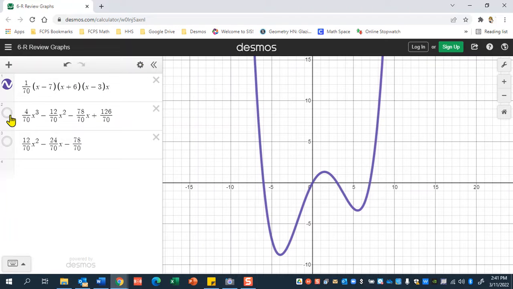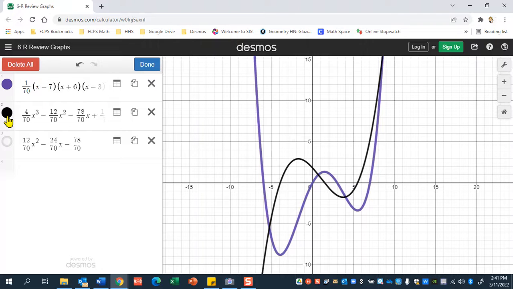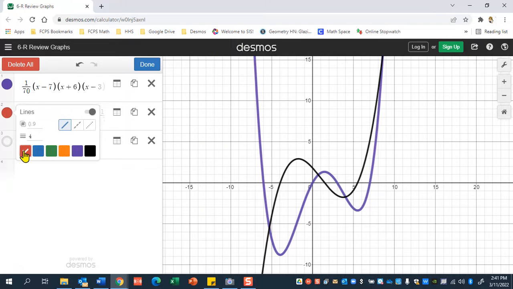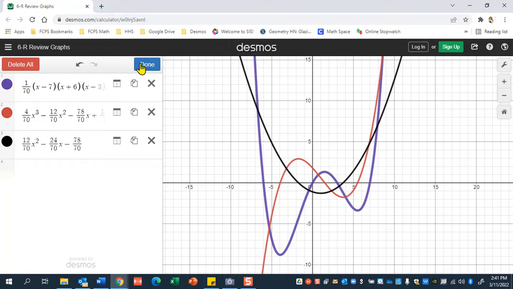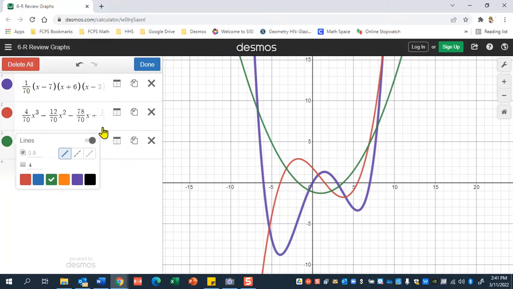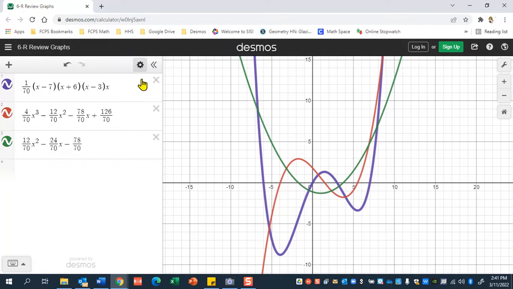Then we went ahead and we graphed its derivative. And just like on the board, we'll go ahead and change this graph to pink. This graph is the graph of the second derivative, and we'll make that one green.